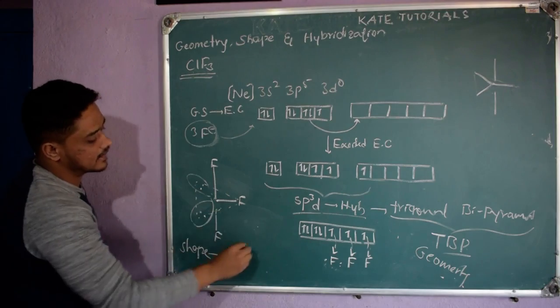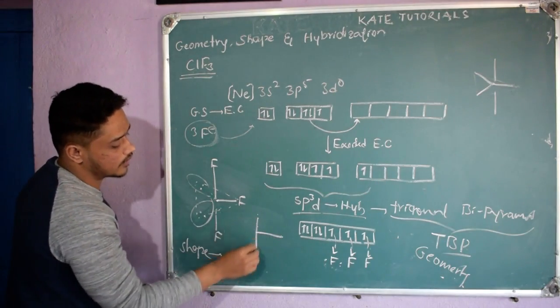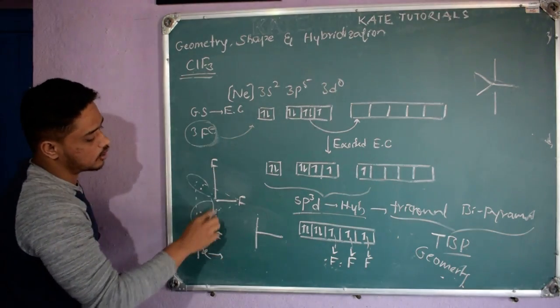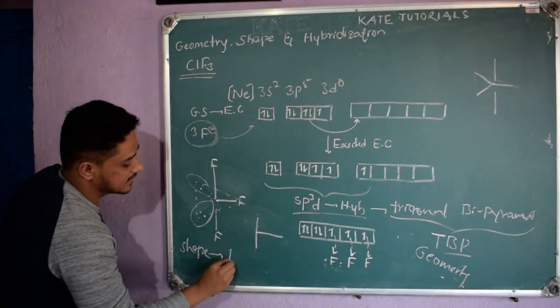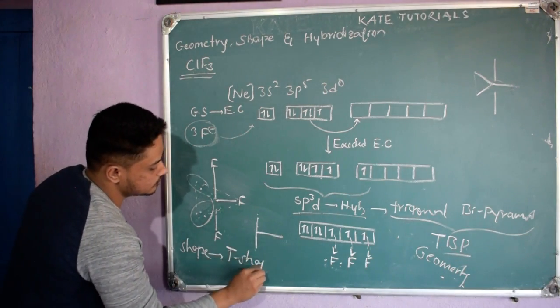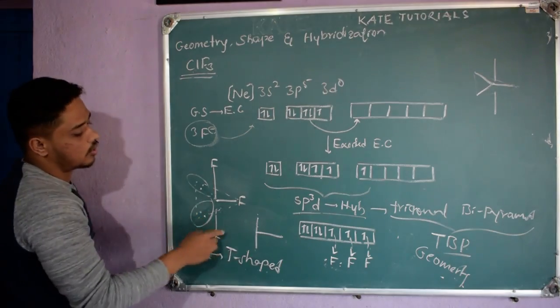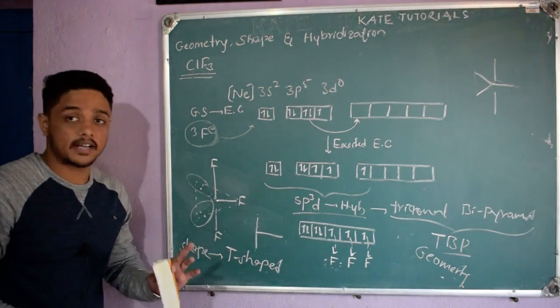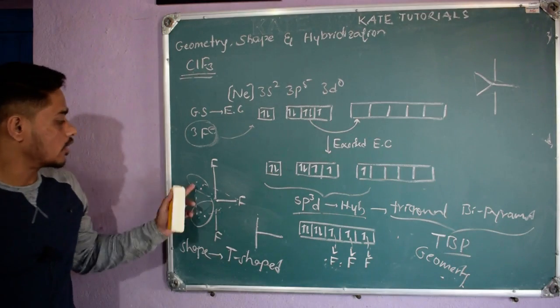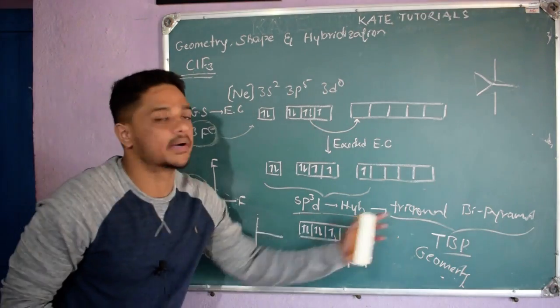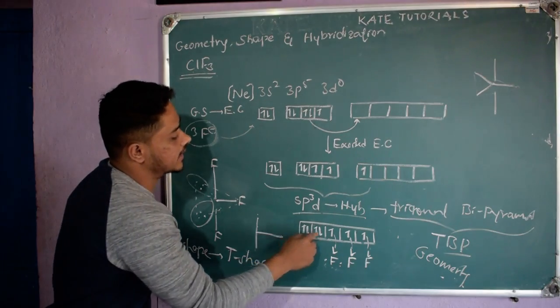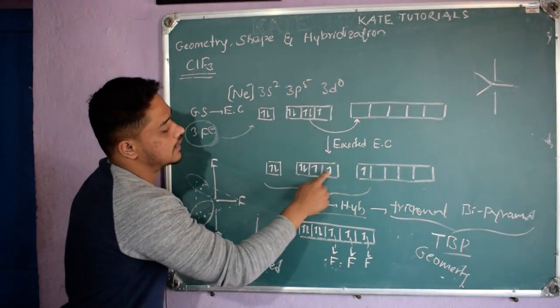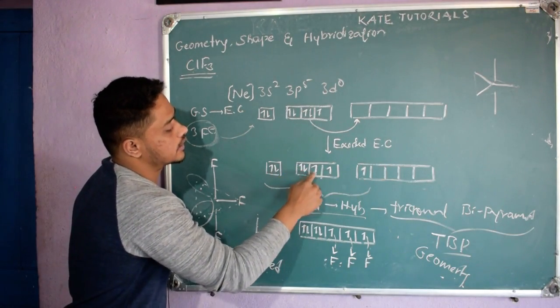If you see, it is like a T, no? One fluorine, one fluorine, one fluorine. So these bonds only you should see. So shape is what we call T shaped. We should not count lone pairs while telling shape. Lone pairs are counted while telling geometry. Because see, we are counting it: one lone pair, two, and these bonds 1, 2, 3, 4, 5.